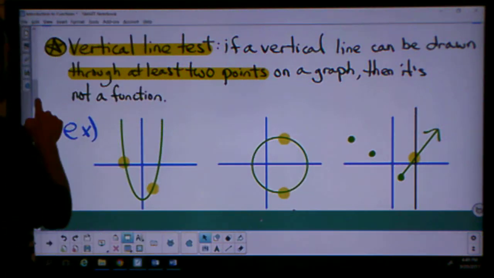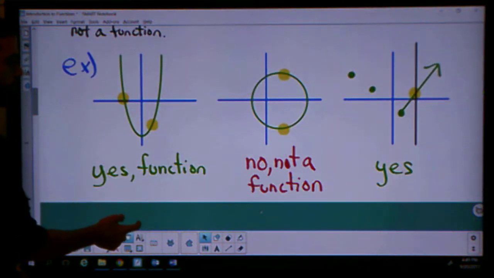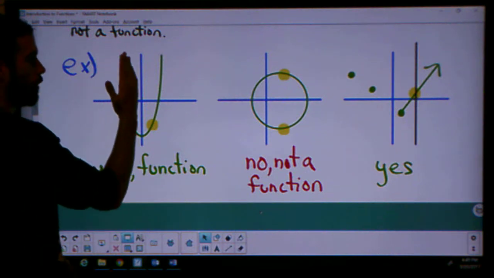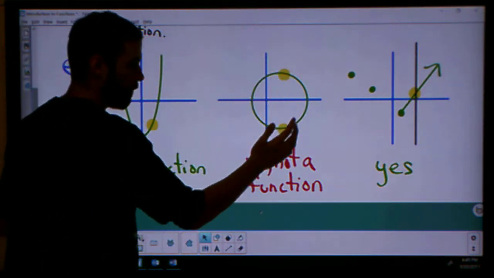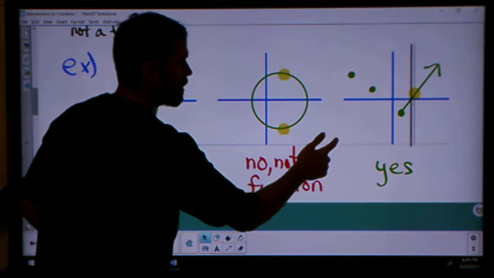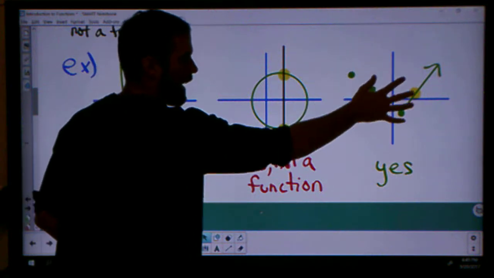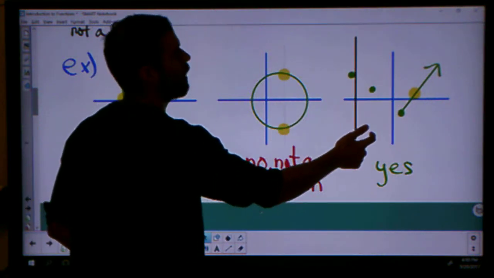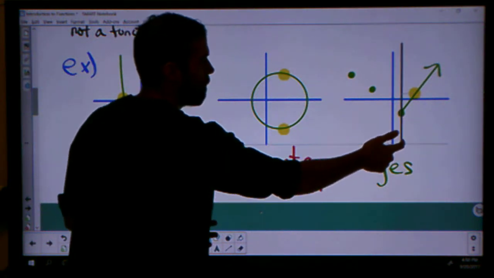So basically, the U shape is a function. The vertical line only passed through at one location. The circle is not a function. The vertical line intersected it at two different locations. And then this last graph is a function because there was no location to put the vertical line where it would intersect more than one time.